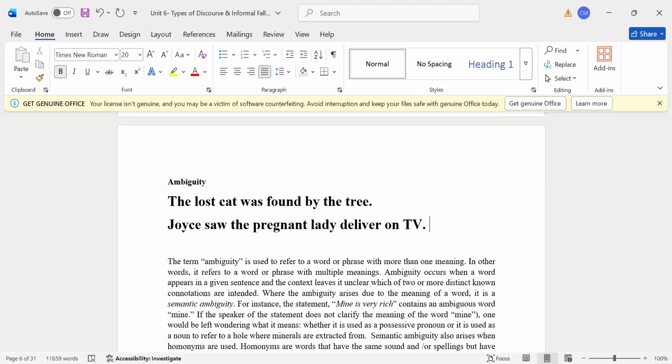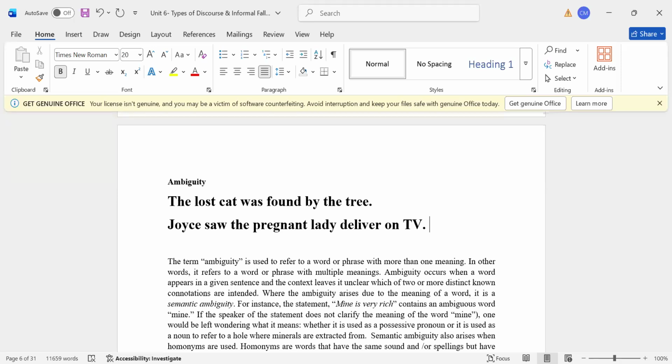So maybe the TV was lying down and she delivered on that TV, not on the screen of the TV that can be seen visibly when it is telecast. The first meaning is that Joyce saw on the screen of the TV that this lady was delivering.